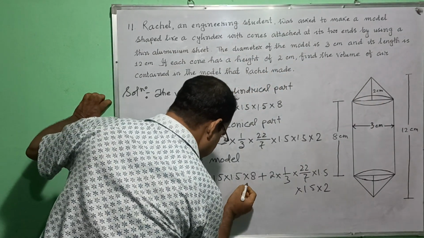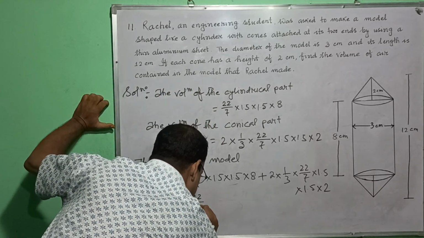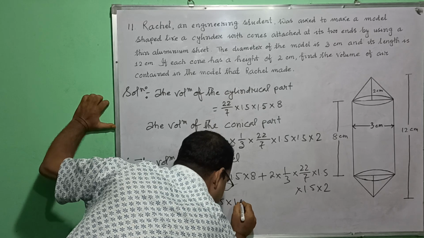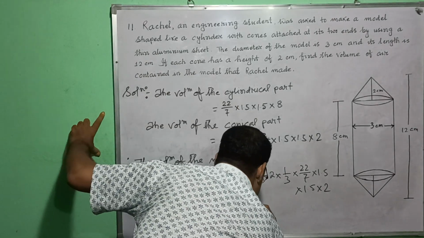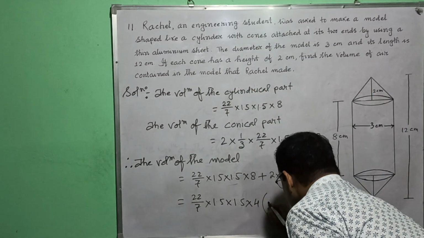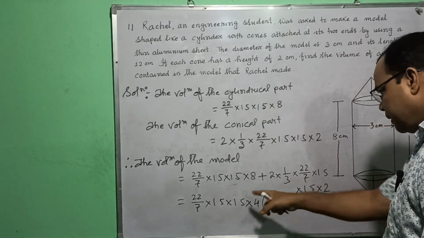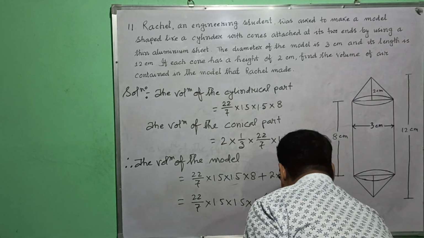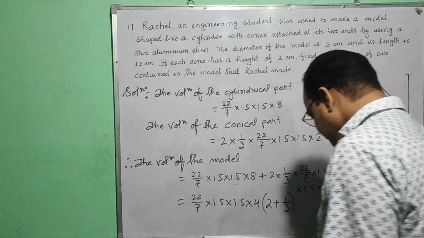So let us take the common, 22 by 7 into 1.5 into 1.5 into 4, because here 8 is there, so 4 into 2. Then what will be left here? Here only 2 will be there, plus then 2 into 4 already we have taken common, so here only 1 by 3, and all the others I have already taken common.